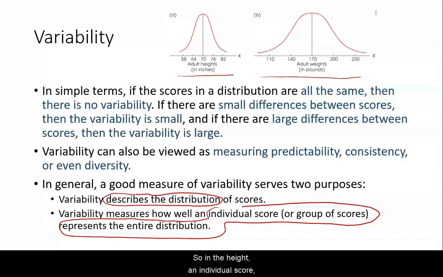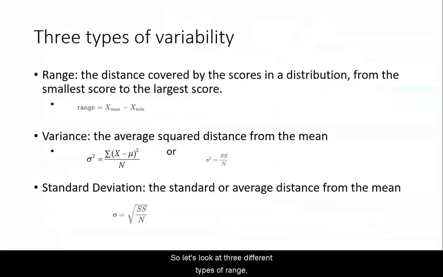So in the height, an individual score anywhere in that distribution is reasonably representative, but for weight, that's not necessarily going to be the case. So let's look at three different types: range, variance, and standard deviation. And variance and standard deviation are actually just two parts of a whole that go together. So let's look at the first one.